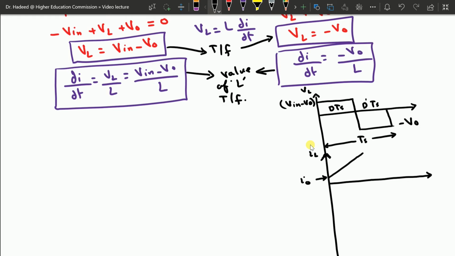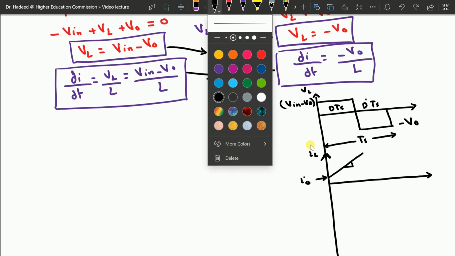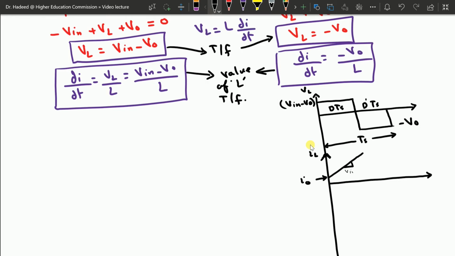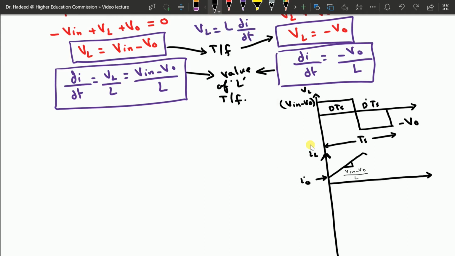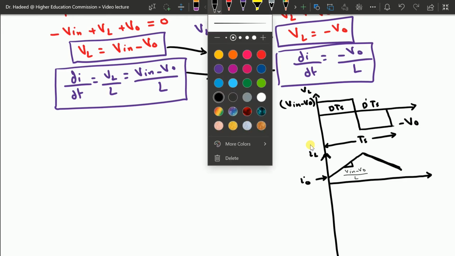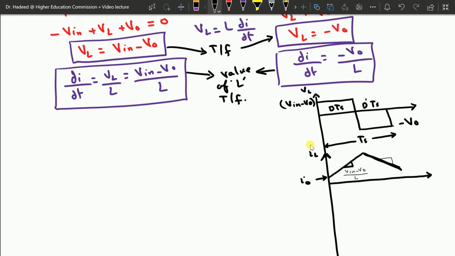This slope is equal to Vin minus Vo over L, and we have minus Vo over L at the end of the dTs time, and during this time this is the slope which is minus Vo over L, such that at the end of the switching cycle we reach this same initial point Io from which the inductor current started increasing.